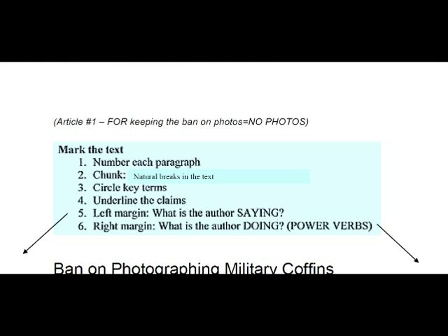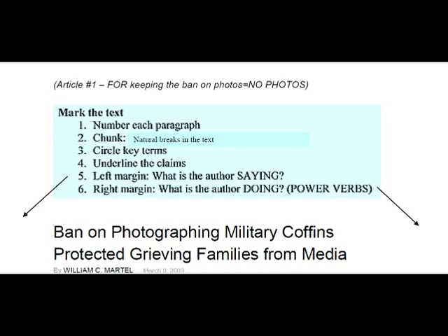Now, for our articles, there's one little tricky part that I need to point out, and that is we're going to be reading about the ban on photographing military coffins. And if you are reading article number 1, this is an author who is for keeping the ban, which means no photos. You're going to do the same things I just talked about.